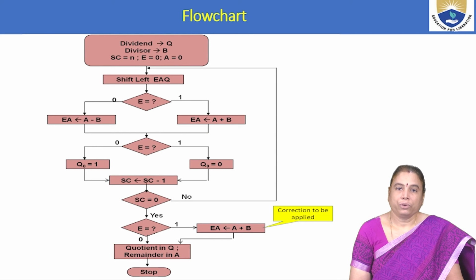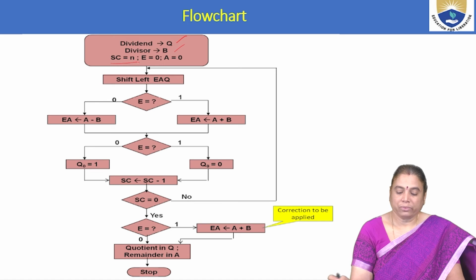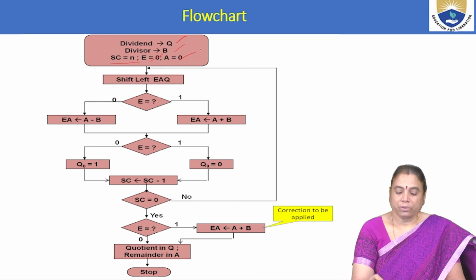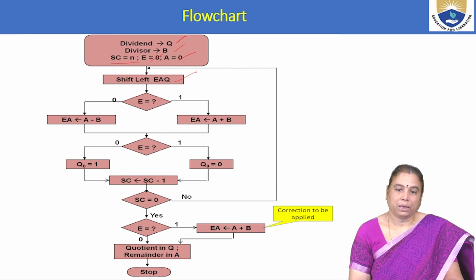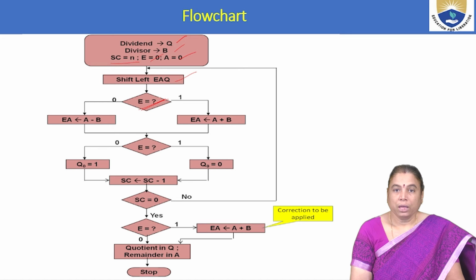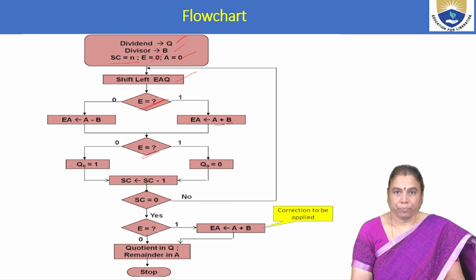So this is the flow chart of the non-restoring division algorithm. The dividend is placed in Q, the divisor is in B, the sequence counter is set to the number of bits in the dividend, E equal to 0, A equal to 0. First, the shift left operation is performed on EAQ, and then we check the trial subtraction value, whether it is positive or negative. In case of positive, A minus B is performed, and if it is negative, A plus B is performed, and again we check the E value.